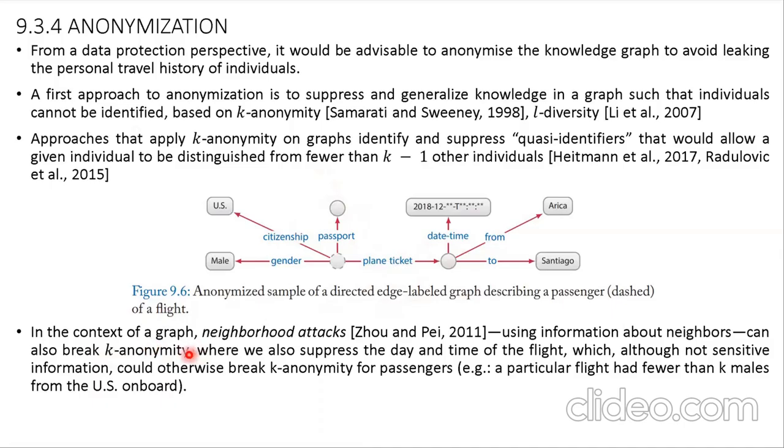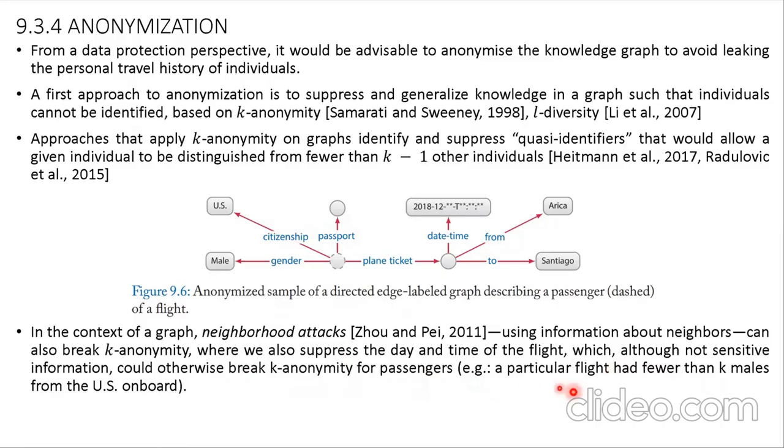In the context of a graph, neighborhood attacks, as mentioned in the work of Zhou and Pei, use information about neighbors that can also break k-anonymity, so we also suppress the day and time of the flight, which, although not sensitive information, could otherwise break the k-anonymity for passengers.